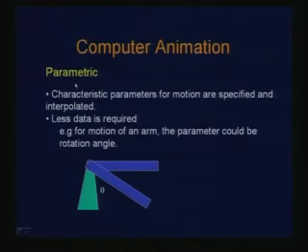Okay. So, an alternative, which is actually inspired from what we have observed, is to use a parametric animation. Okay. What do we mean by parametric animation? See, if we look in many situations, the animation is caused by a set of parameters. Okay.